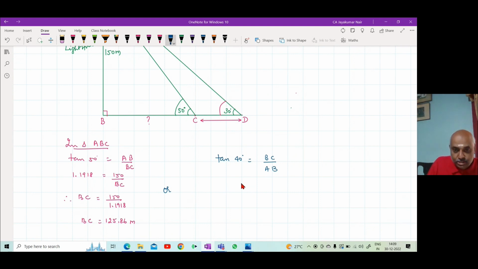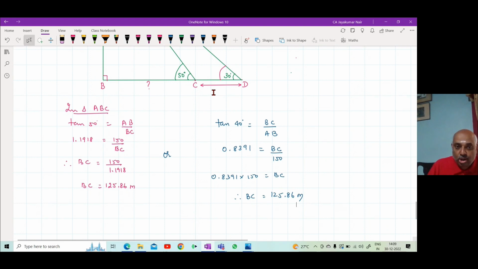Tan 40 is 0.8391, which is equal to BC over 150. So to find BC, it is 0.8391 into 150. When you multiply, you should get the same answer: 125.86 meters.